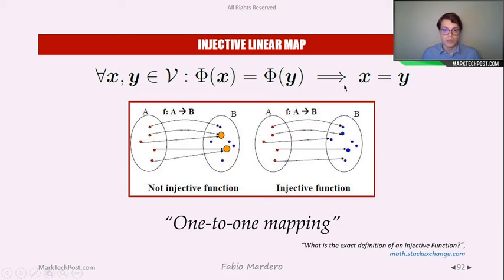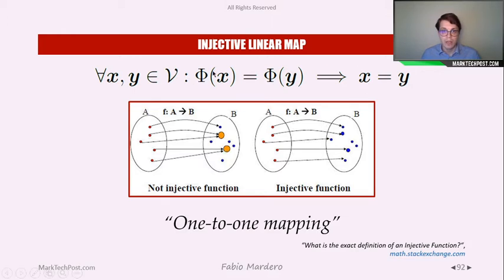Let's take a look at what it means to be injective. We take 2 points here, and we go on B. For example, we take 2 points here, and we go on the same image, because here is the statement: x, y go to the same value.